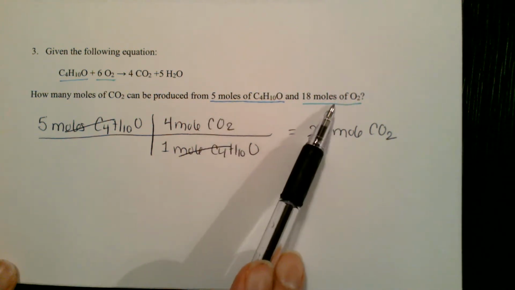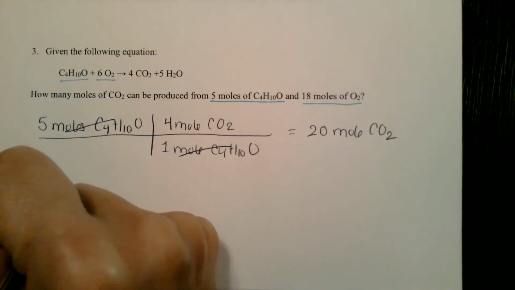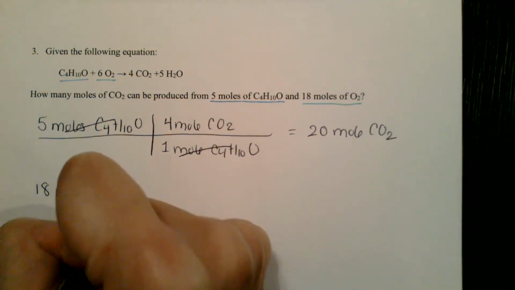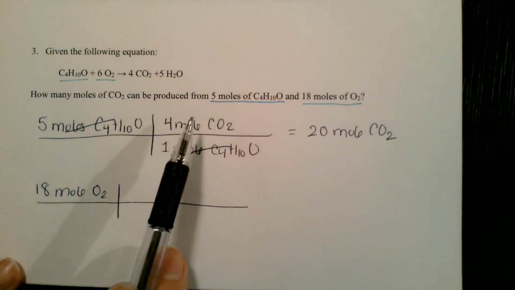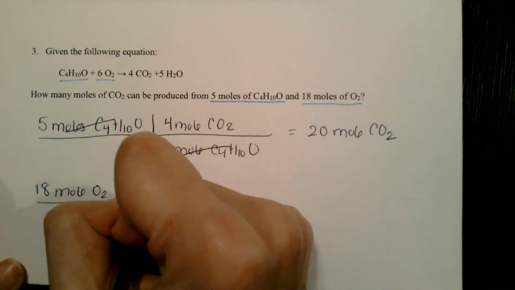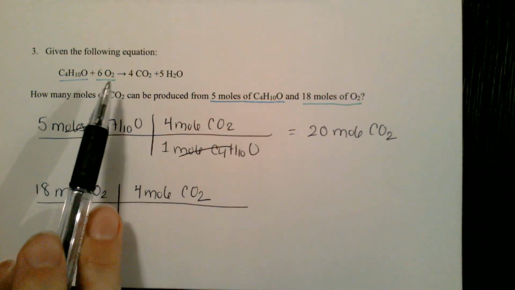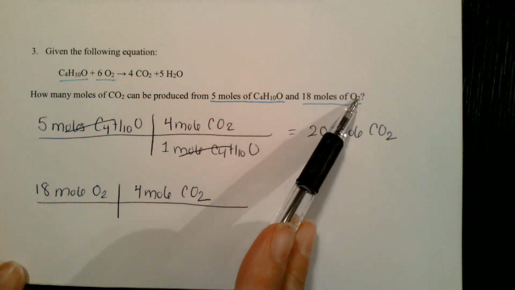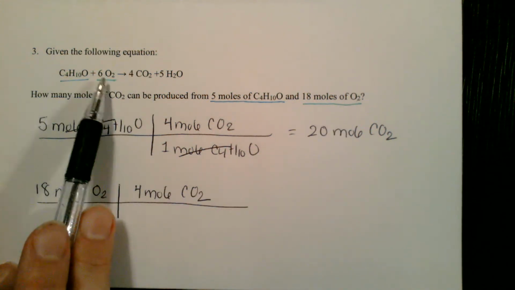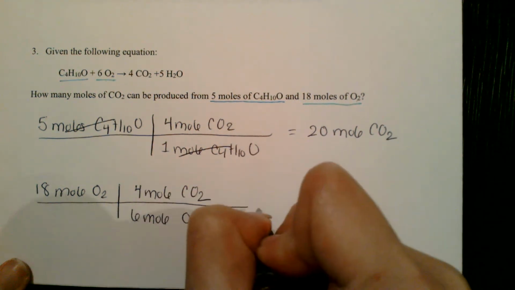So now let's look at what happens with oxygen. We have 18 moles of O2. Same thing, we're going to change this to CO2 because that's what the problem asked for. So we have 4 moles of CO2, and now we use our coefficient of oxygen, which is 6, so 6 moles of O2.